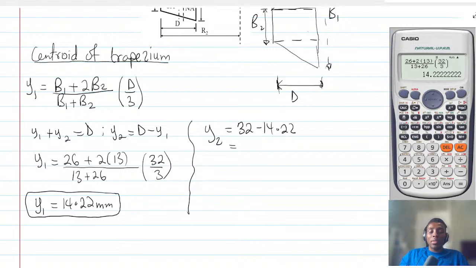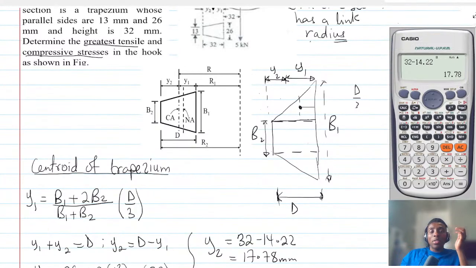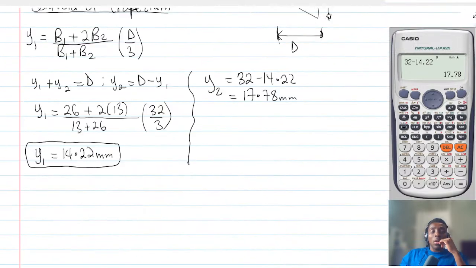And that will be 17.78 millimeters. So that is it. Y2 is 17.78. Now why are we doing y1, y2 and all these things? We will soon understand it.